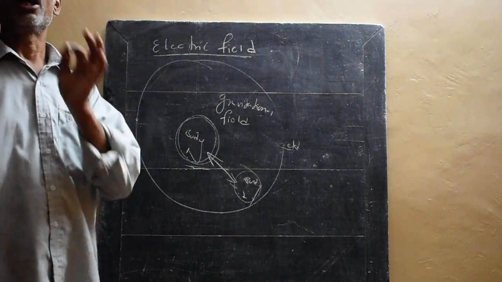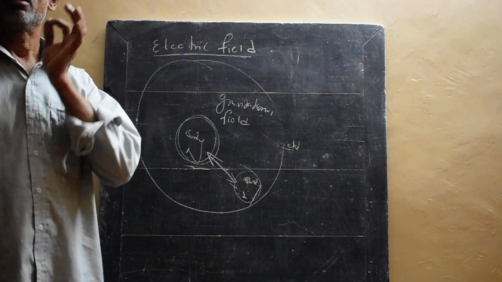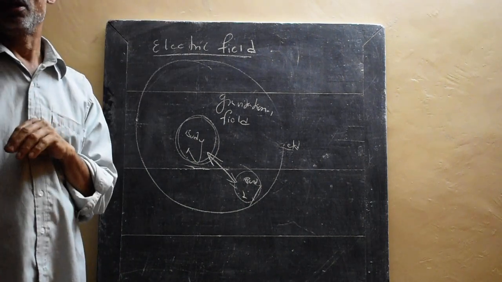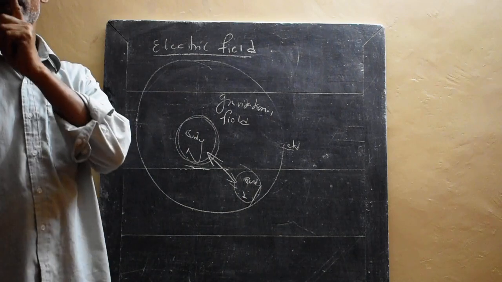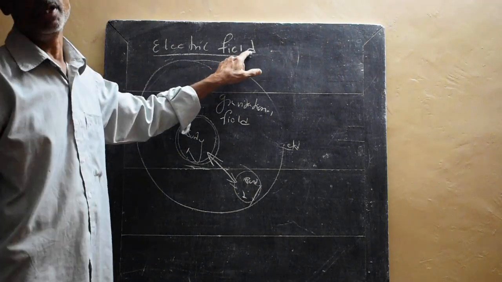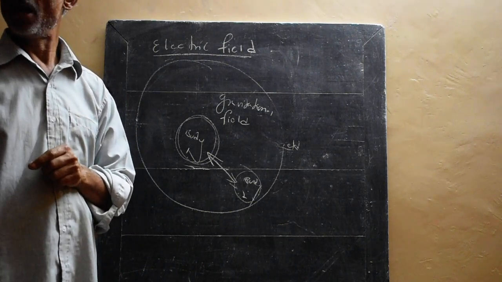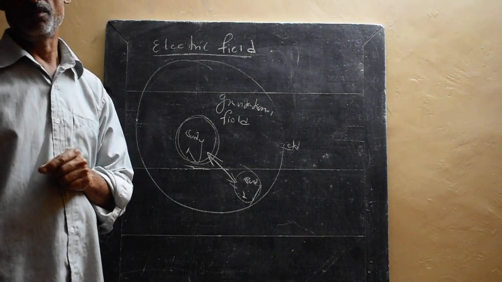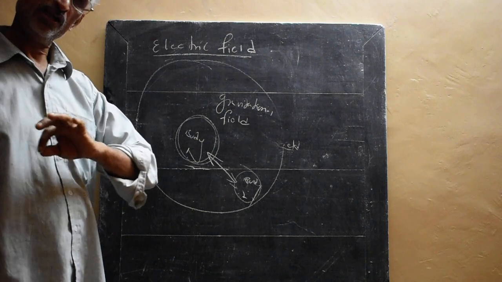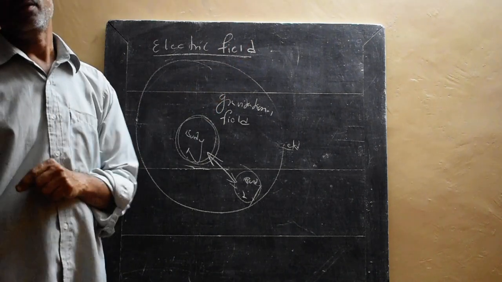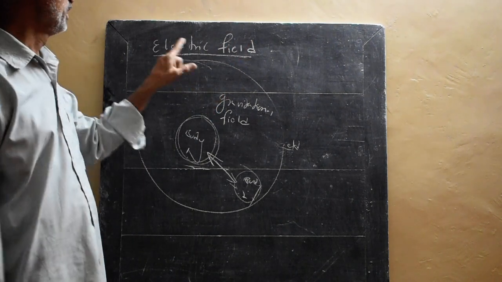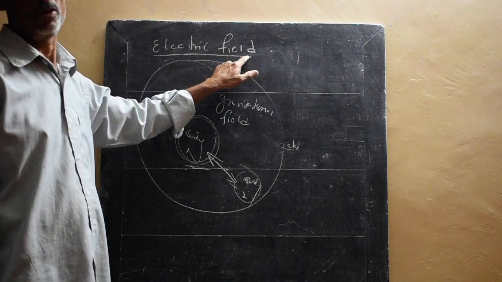Similarly, if there is a charge, then around the charge in space there is a field. That field is called the electric field. If the charge is at rest, the field is called an electrostatic field. Static means at rest. If the charge is in motion, an electric field also exists around that moving charge.